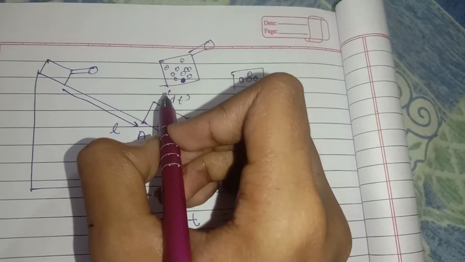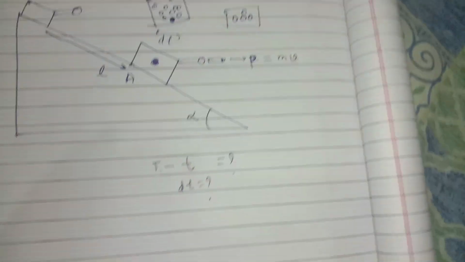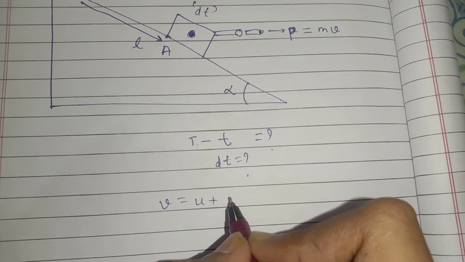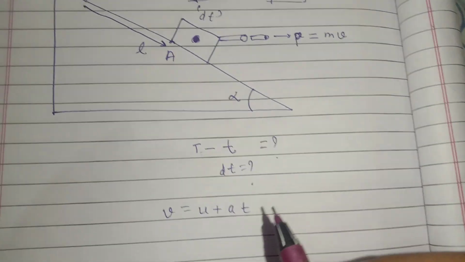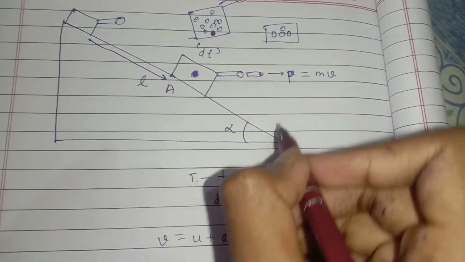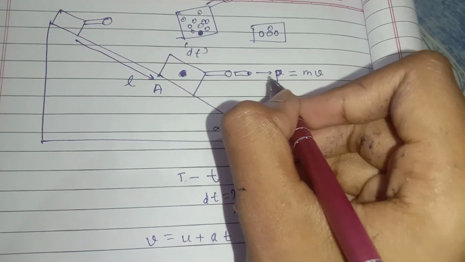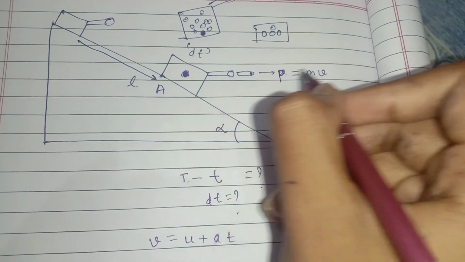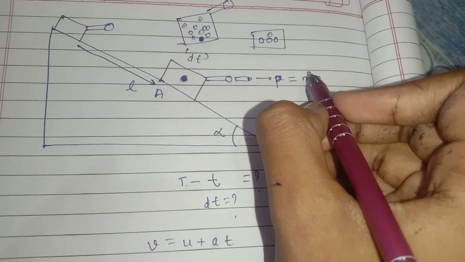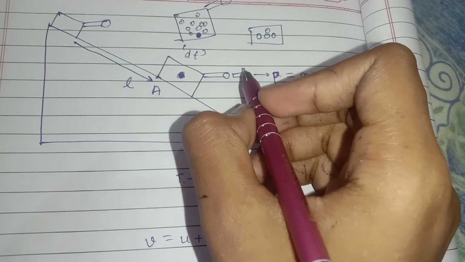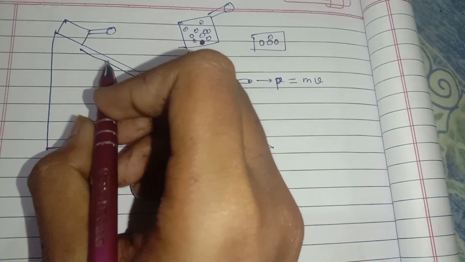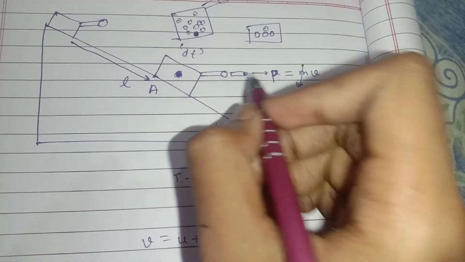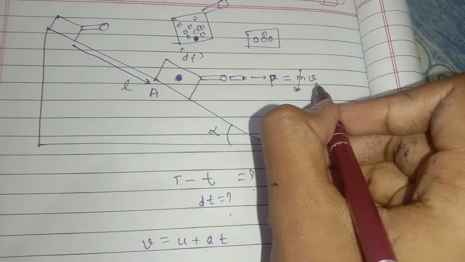So here we'll use the first equation of motion, which says that v is equal to u plus a into t. Since in the question it is given that the bullet is fired by momentum p, which is equal to mass times velocity, and the mass of the bullet is negligible compared to the mass of the cannon, we can neglect the mass of the bullet, then p equals v.